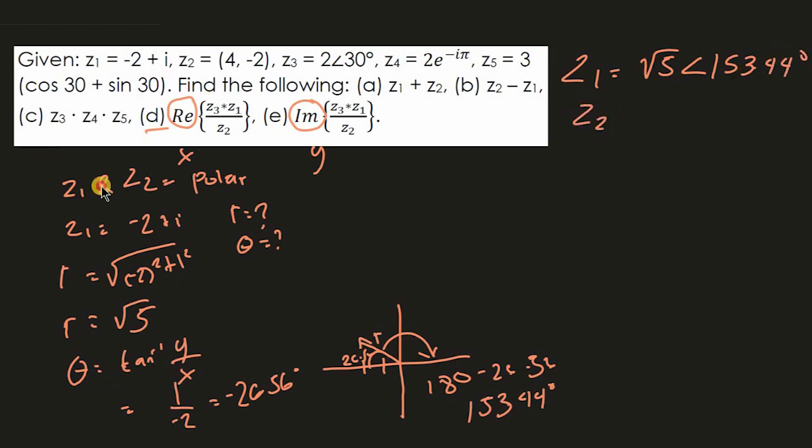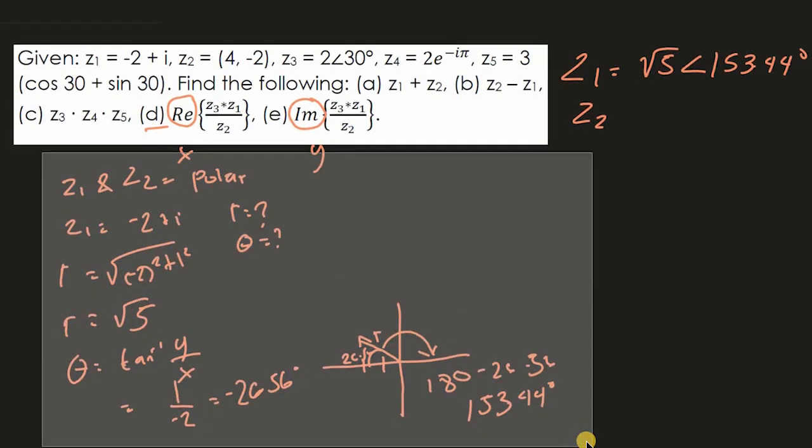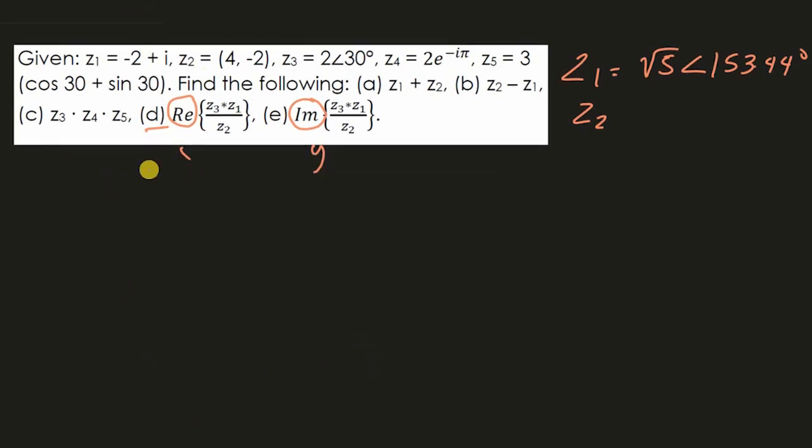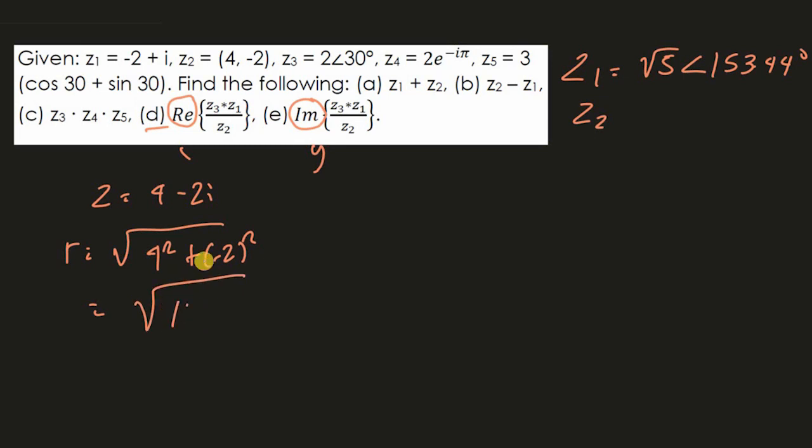Okay, now let's solve for Z sub 2. Let me just erase this. So solving for Z sub 2, that's Z2 is equals to 4 minus 2i. To solve for the value of R, it will be square root of 4 squared plus negative 2 squared. 4 squared is basically 16, negative 2 squared is 4.